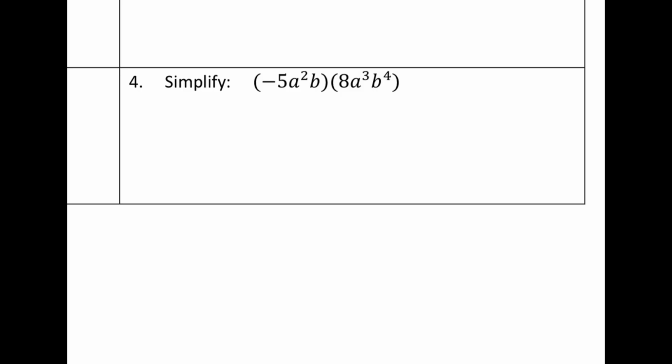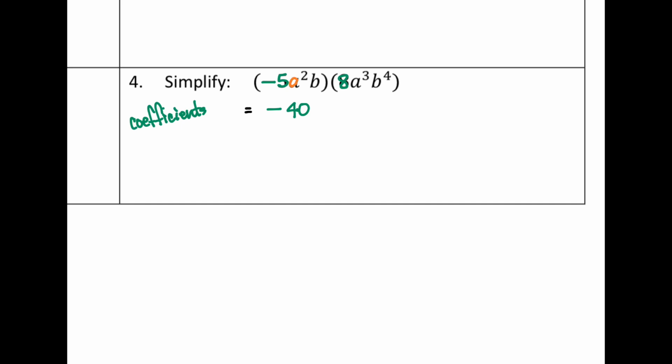Okay, so we have the numbers in front. Negative 5 times 8 is negative 40. And remember, those are called the coefficients. It's the number in front of a variable, or in this case, multiple variables. So you multiply the coefficients and we get negative 40.